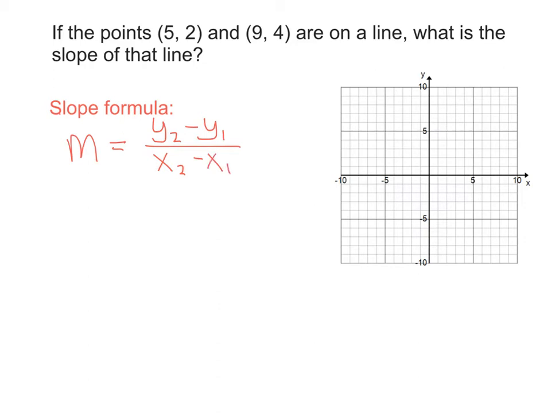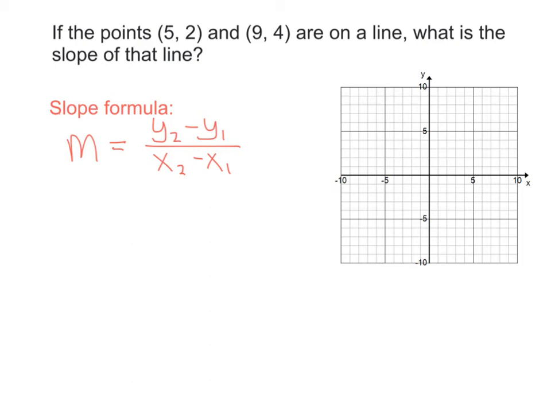Now, it's very important that we remember that the y values, so 2 and 4, are the ones that go in the numerator, and our x values, 5 and 9, are the ones that go in the denominator. And then the other thing you have to make sure about is if I start with the second value for y, my second y coordinate in the numerator, I have to start with my second value in the denominator. Now technically I could do y1 minus y2 as long as I did x1 minus x2, but for whatever reason, this is the way the formula is written, and that's typically then what we'll use.